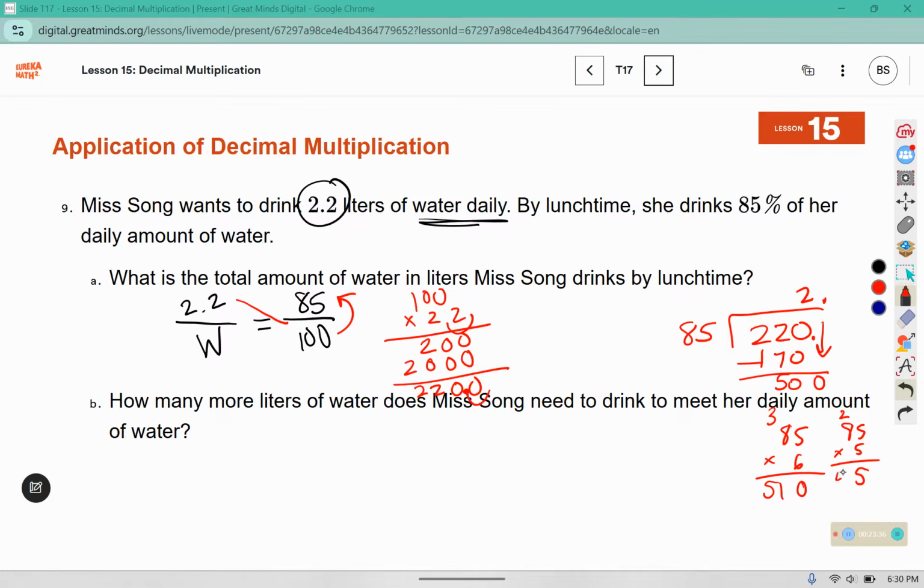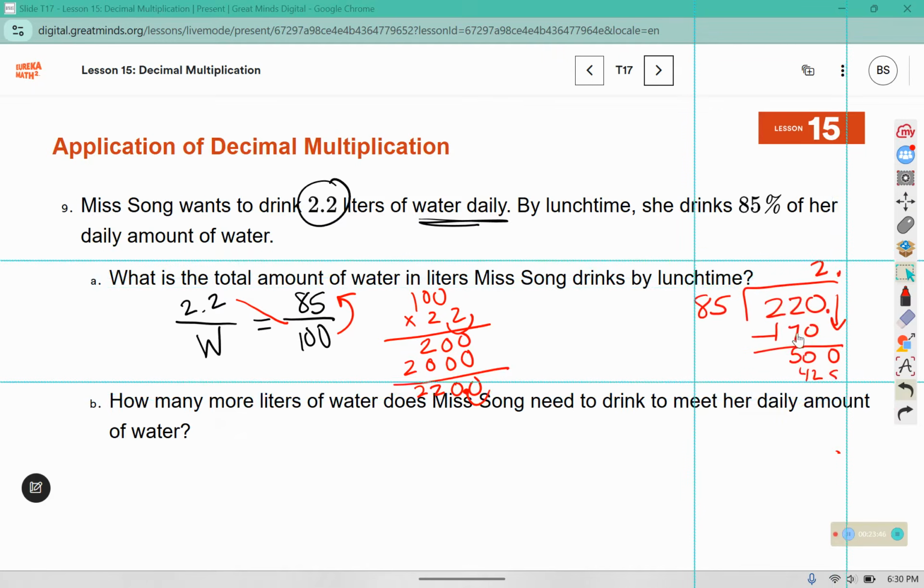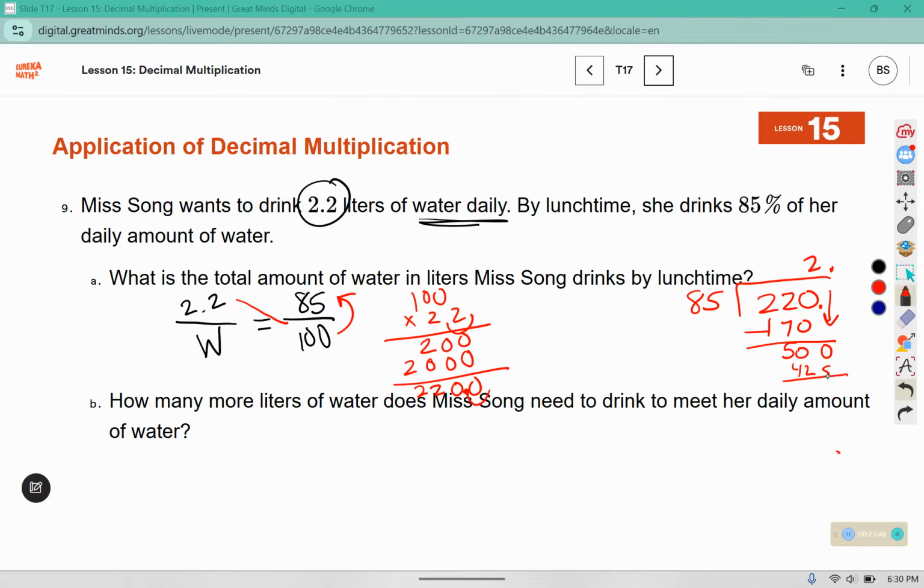Plus 2 more makes 42. So if we subtract 500 minus 425 is 75. Oops, and I meant to write the 5 there. How many 85s can fit into 750?